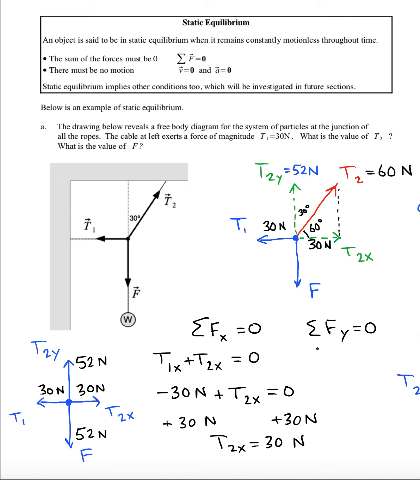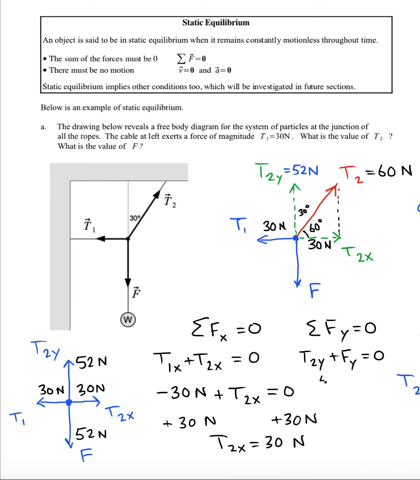Now I can prove that by just writing out a sum of forces, T2y plus Fy equals 0. Now why did I attach a y to the F? Because once again, F refers to the magnitude or size of the force. It doesn't include the direction. When I attach a y to it though, now we are considering the direction.